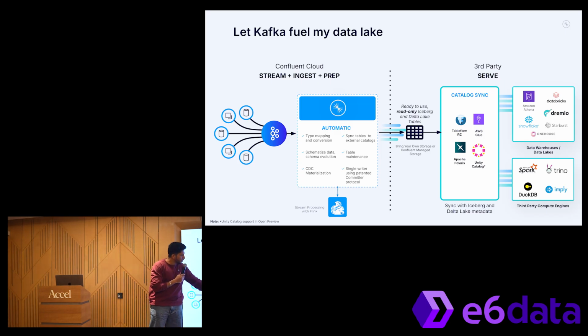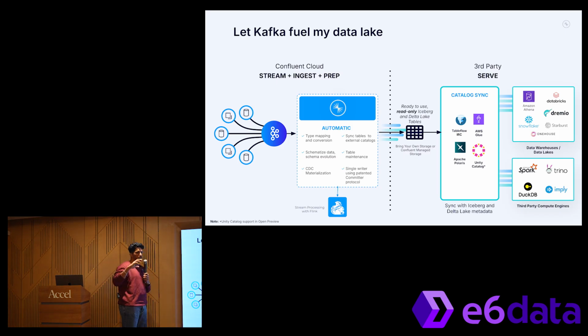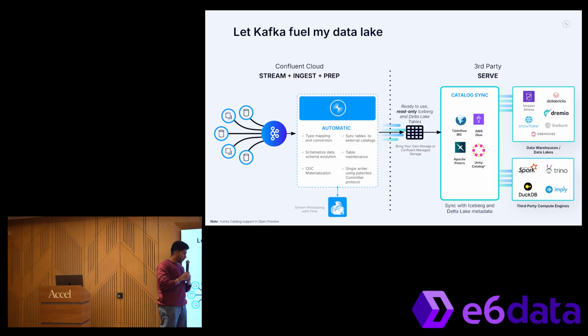Another problem we talked about is when you have multiple writers, one writer wins, and the other one has to retry everything. So that's a lot of wasted effort and compute. In TableFlow, you don't have this problem because we have a single writer using a patented protocol called the committer protocol, so that at any point of time, you have a single writer writing to the table.